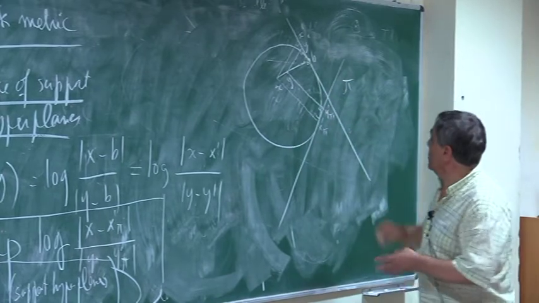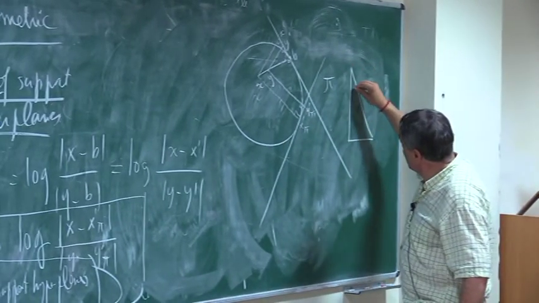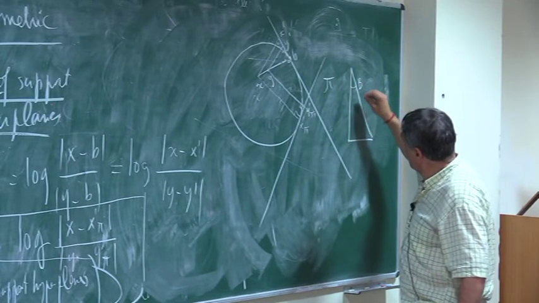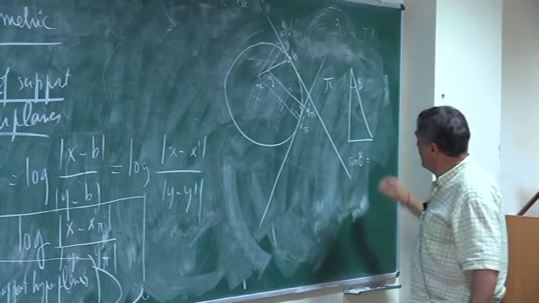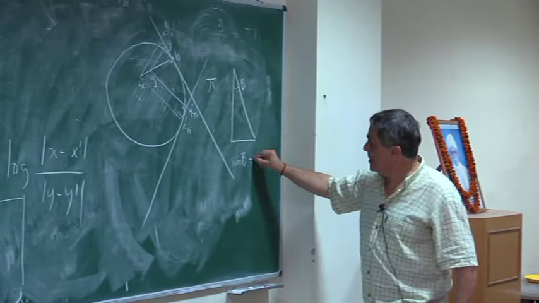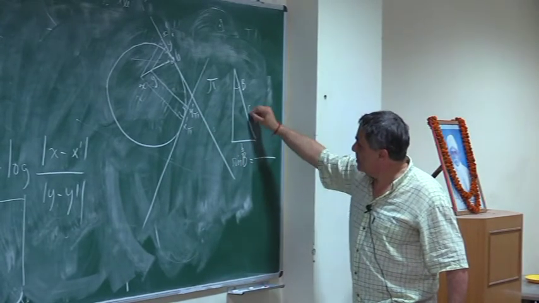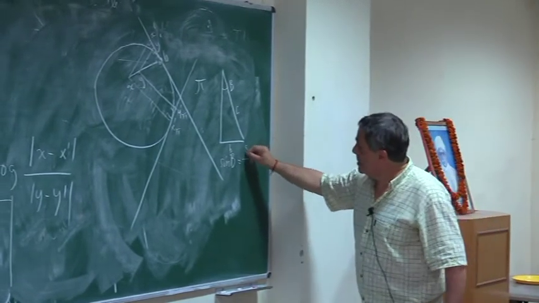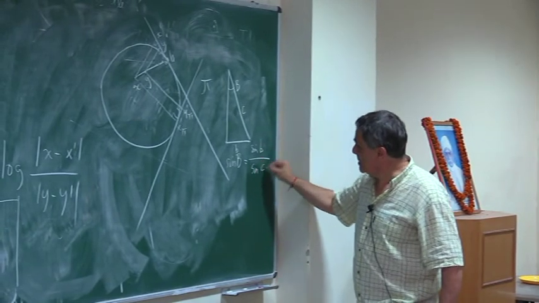You see, this formula was in spherical geometry. I had an angle B, and then I have the sine of B. So this was B here, and this was C here. The sine of B was sine of B divided by sine of C.